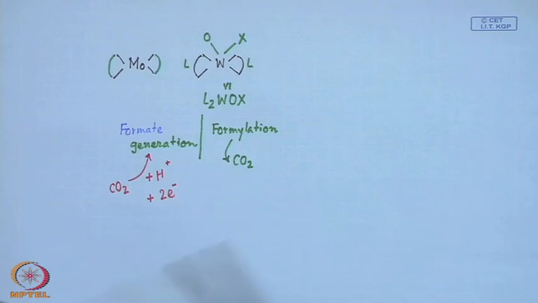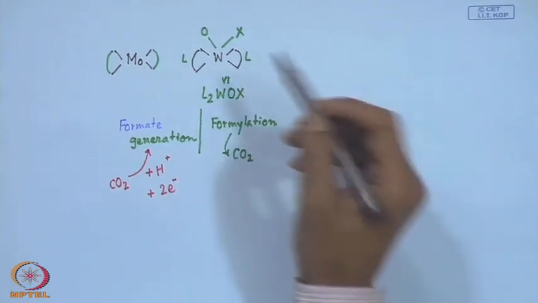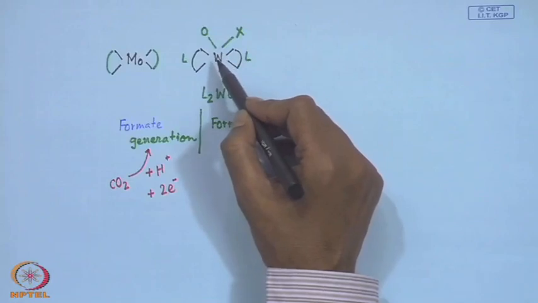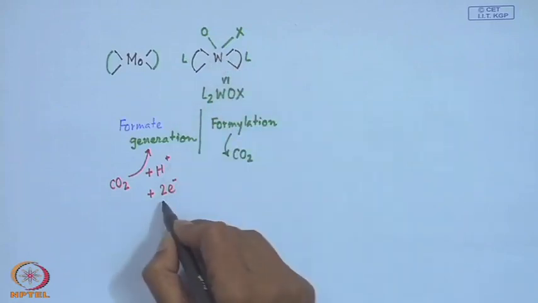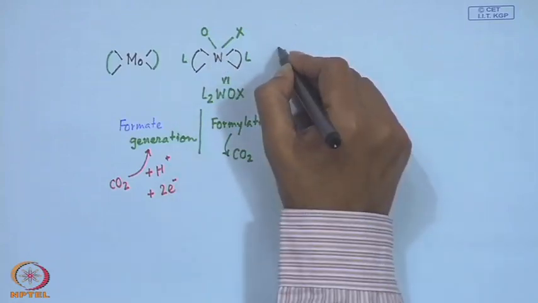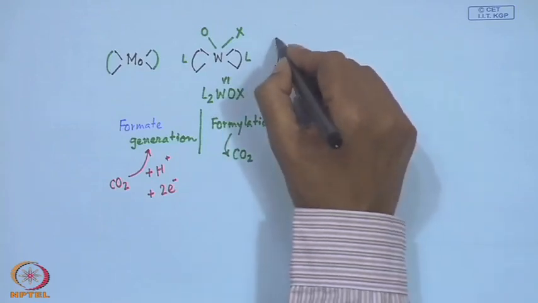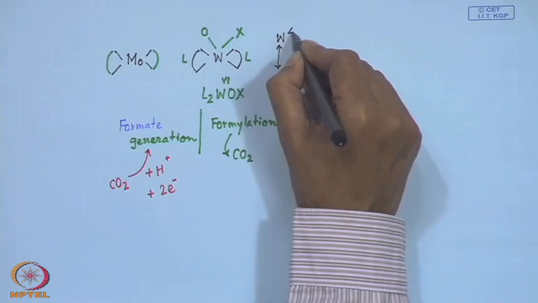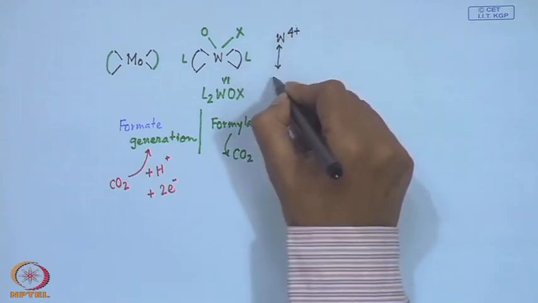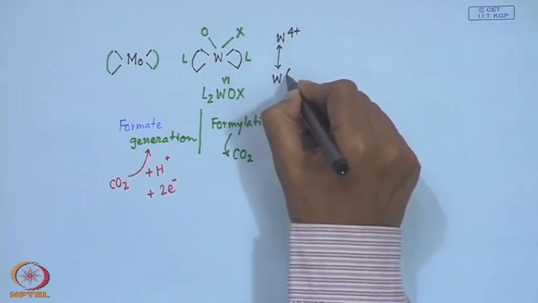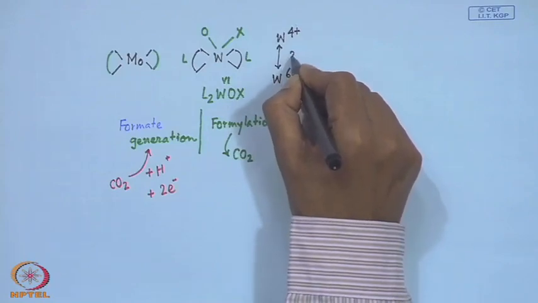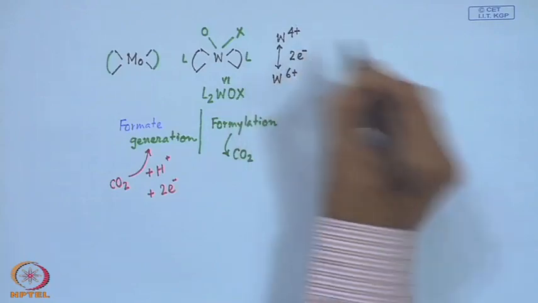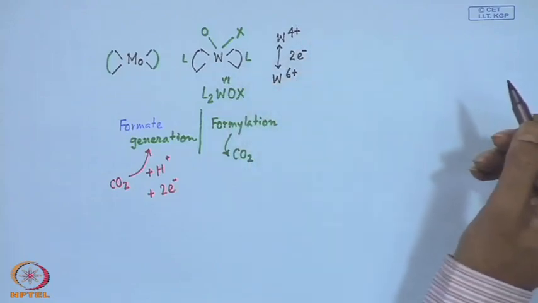So, that immediately gives us some important clue related to this particular tungsten center, because we know that this 2 electron process can be achieved if we have tungsten in the tetravalent state and tungsten in the hexavalent state. So, basically it can settle between these two oxidation states.